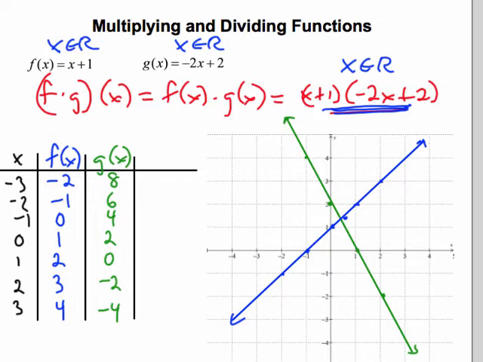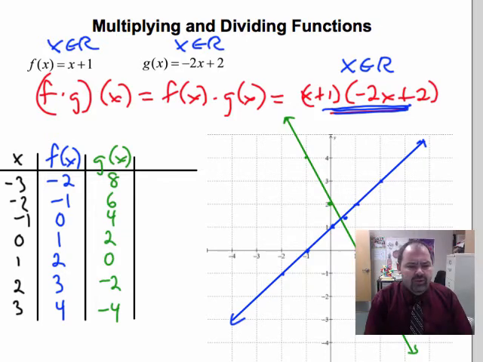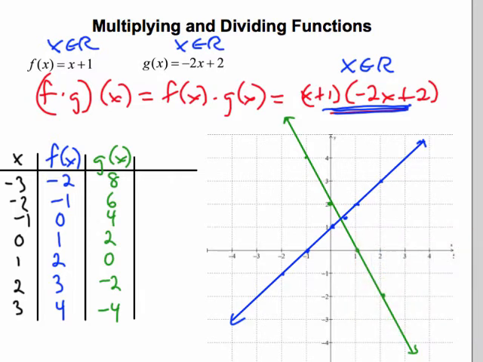Now range is always more complicated to figure out, and we can figure the range out from our graph at the end and our table. The other thing I just want to say is that when you combine two functions, especially when you get into multiplying and dividing two functions together, it's hard to predict often what the new graph is going to look like. In this case, we know it's a parabola, but in many cases, you can't visualize or predict in advance what it's going to look like.